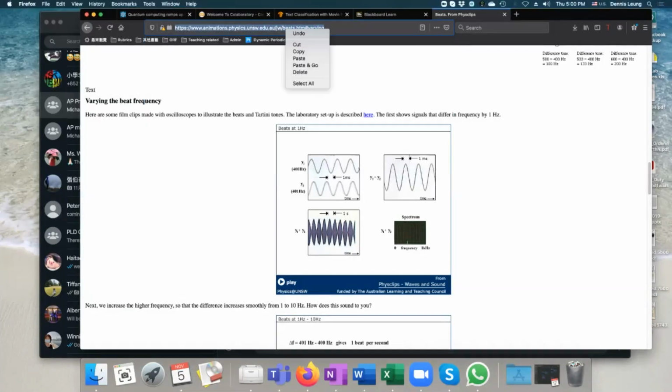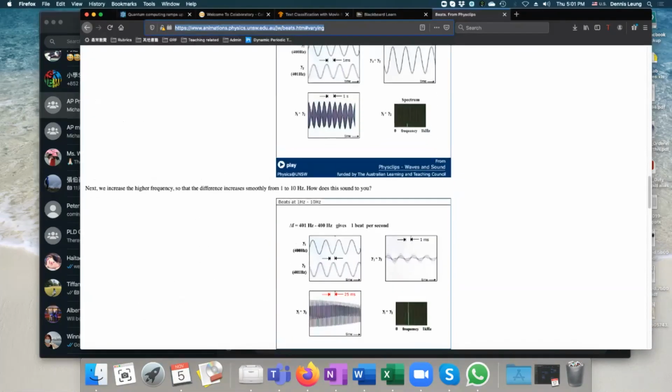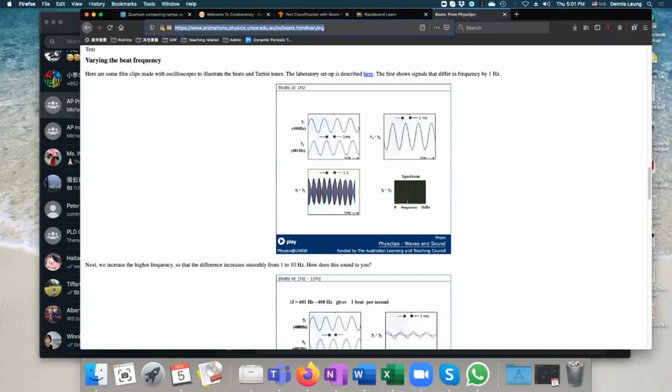So this is a simulation from a university, which I could post it for you. So here you would have, let me see, two sounds that are different by 1 Hertz. Two sounds that are different by 1 Hertz. And what happens if you listen to it?